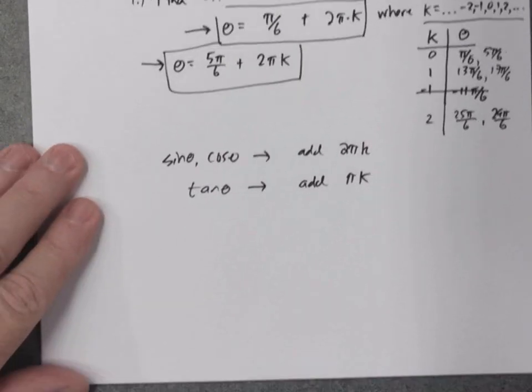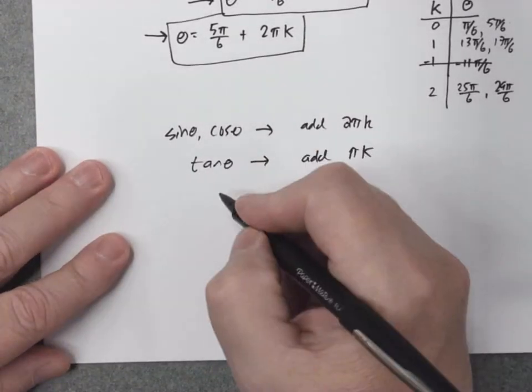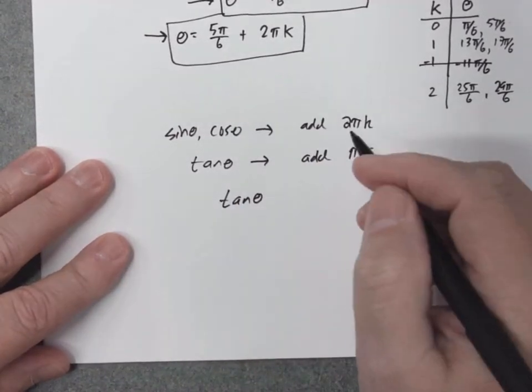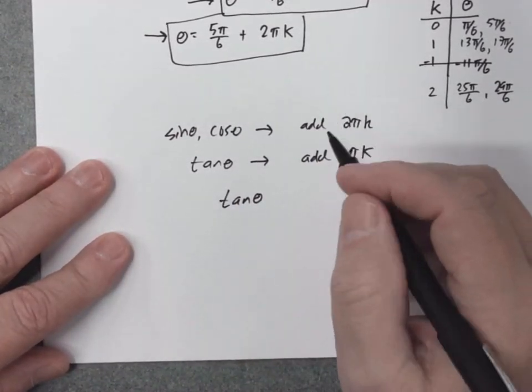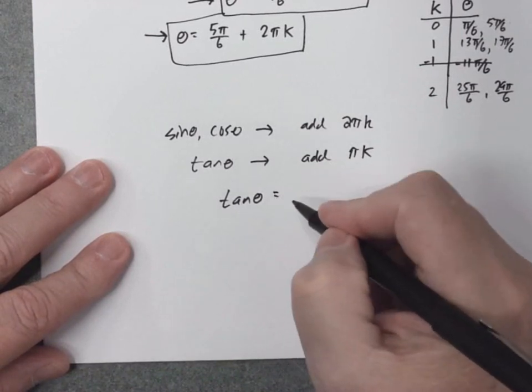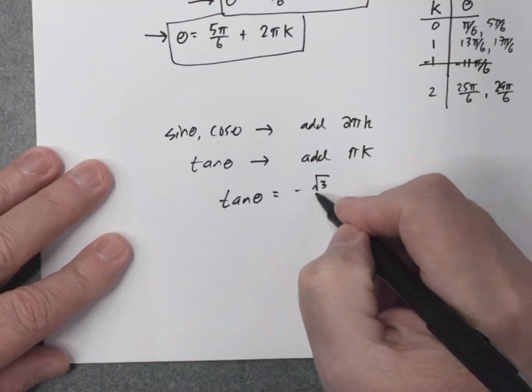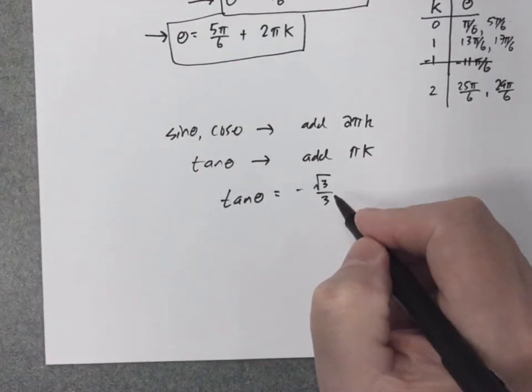So for instance, the problem I was just looking at, let's talk about it briefly. It said tangent of theta equals negative square root of 3 over 3.